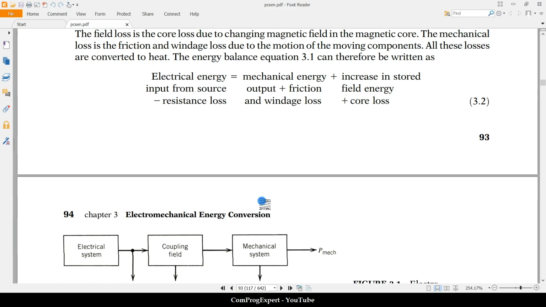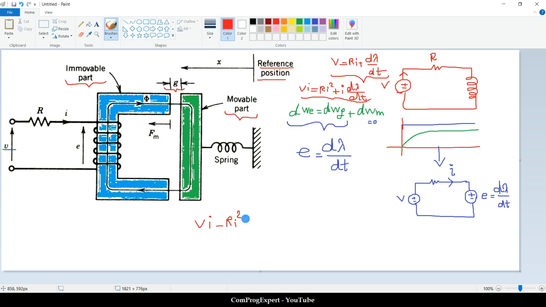The electrical energy input from source minus resistance loss is equal to i d lambda dt, or actually ie.